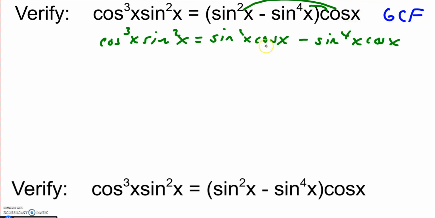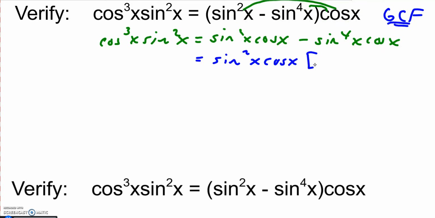If I just took a cosine out of these two, it would end up looking just like the beginning step, which I don't want. But if I think about GCF in a larger sense, that I have two sines here and four here, I can take out sine squared, and I can take out the cosine x from both terms. So I ended up distributing it in just again to take it back out.